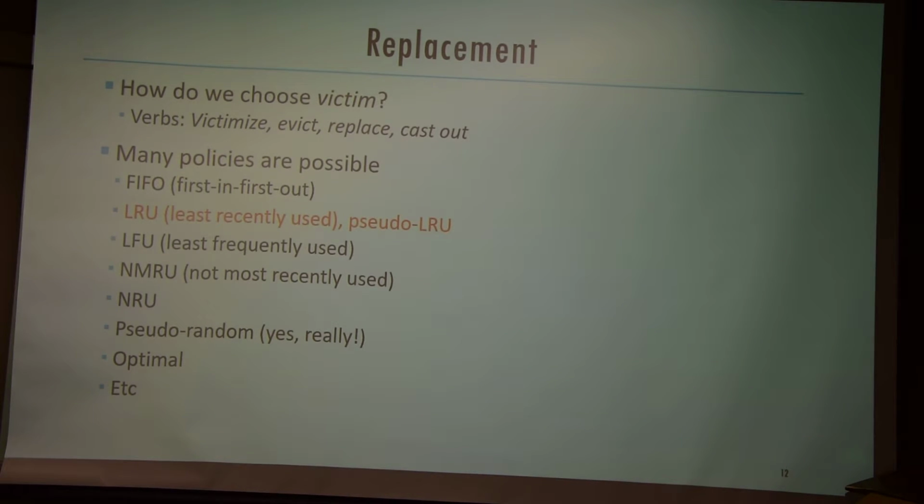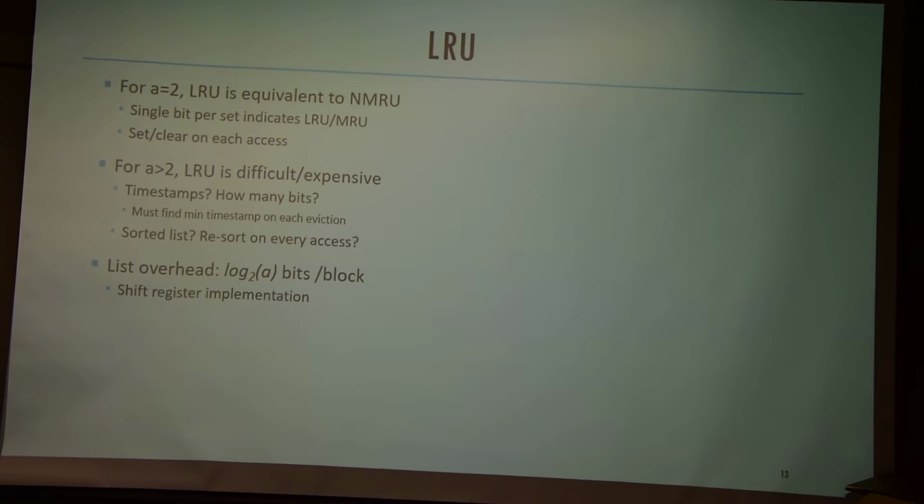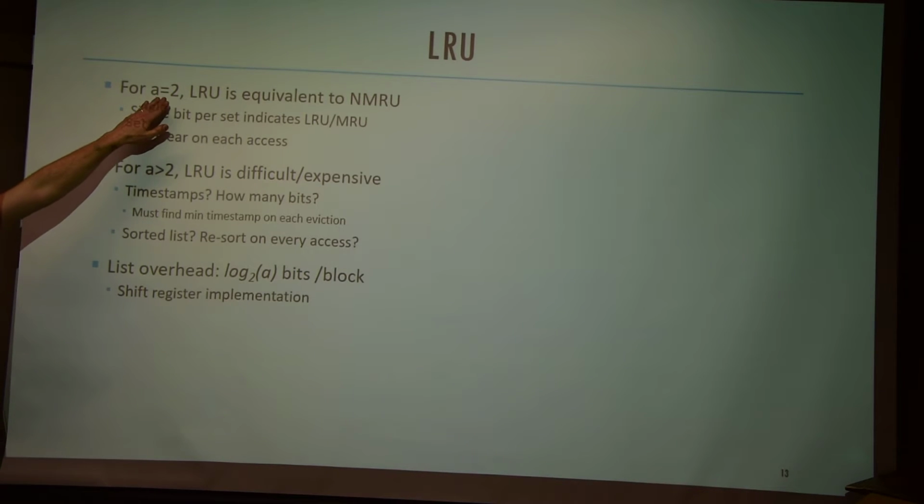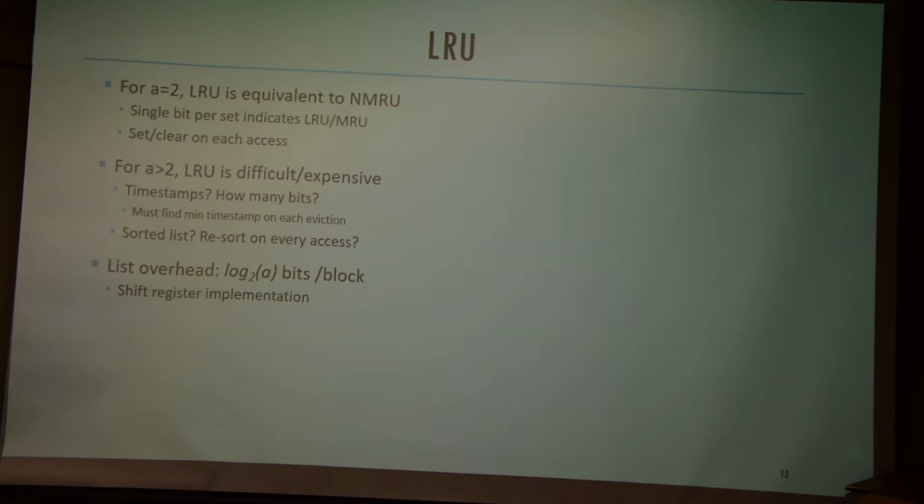So it's the least recently used strategy, and here A indicates the set size, and when A equals 2, then the LRU is equivalent to what we call not most recently used, and that simply is a very simple strategy where you have just one pointer to the most recently used element in the set, and if you need to evict something, you evict one of the other entries, and you choose that at random.